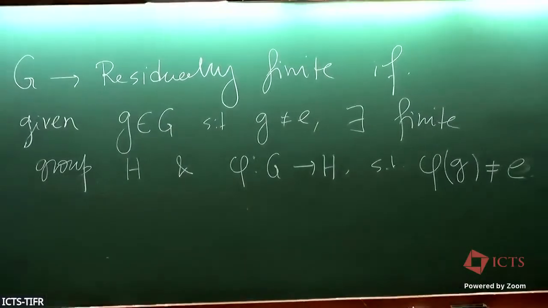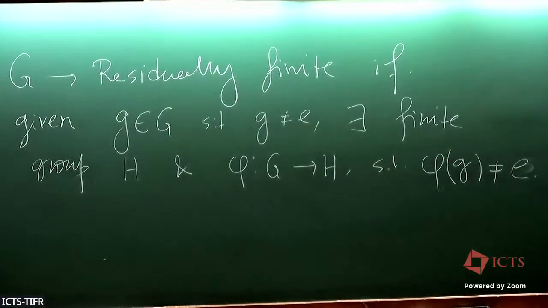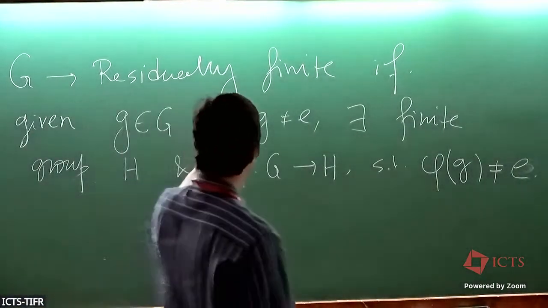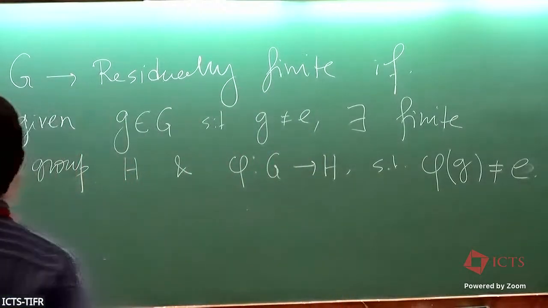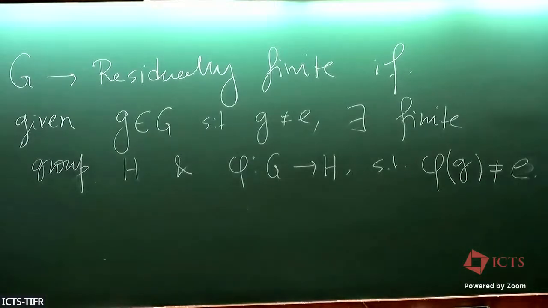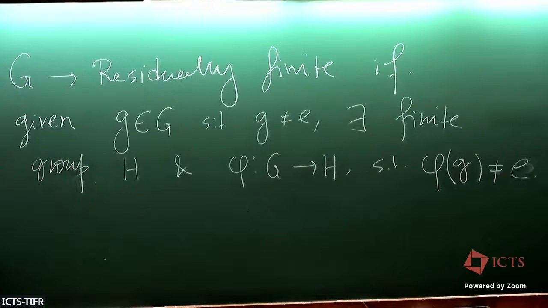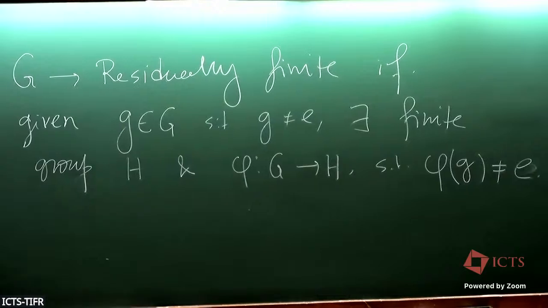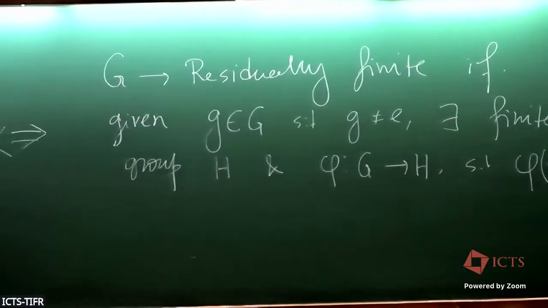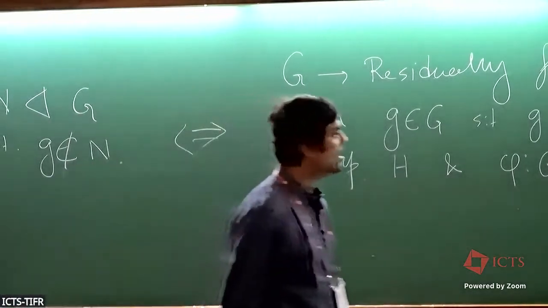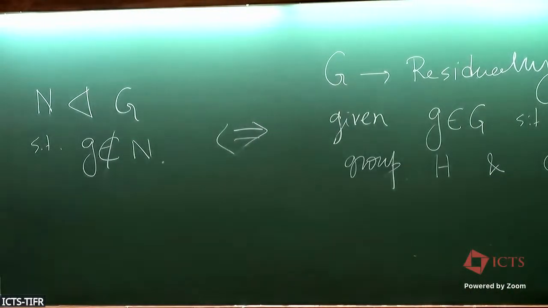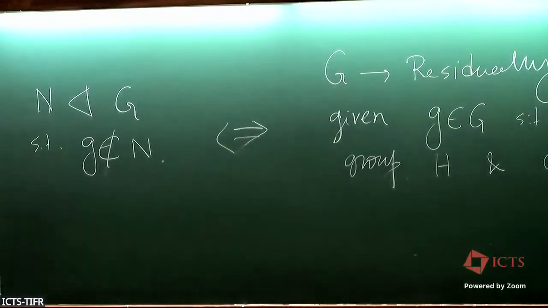So if I take any non-trivial element, I can find a finite group to which I get a map from G to H such that the image of g under phi is non-trivial. This is the same as saying that you have a normal subgroup in G of finite index such that g is not in this normal subgroup. Okay, so that's the definition of residually finite.